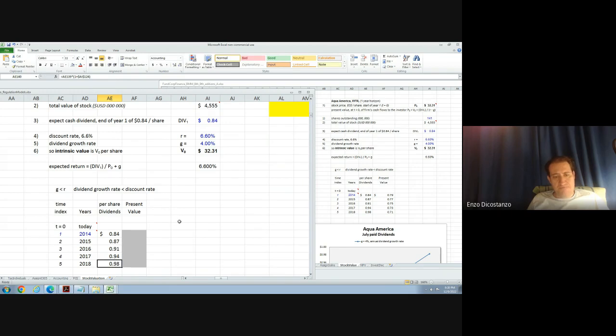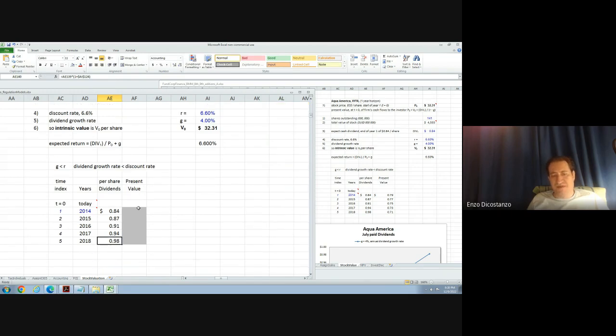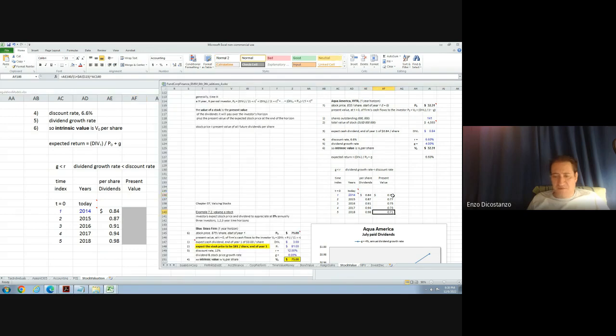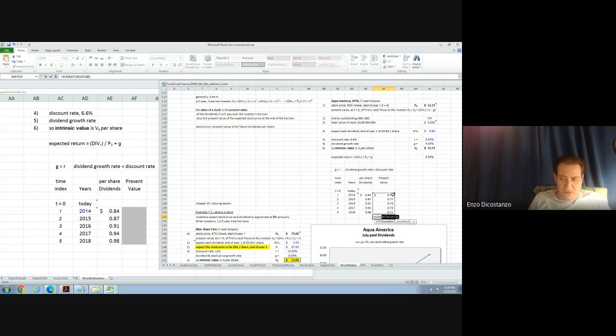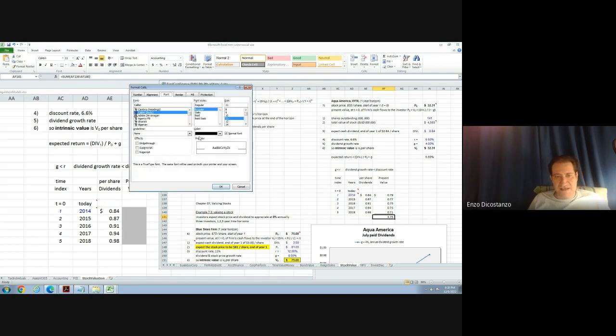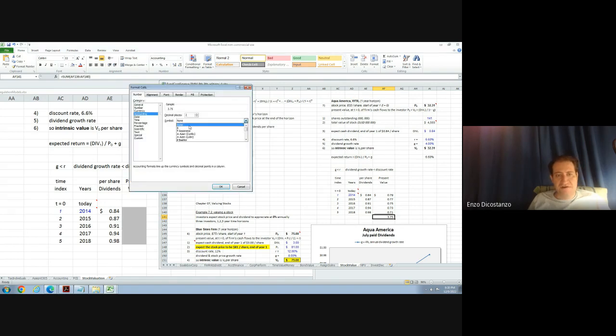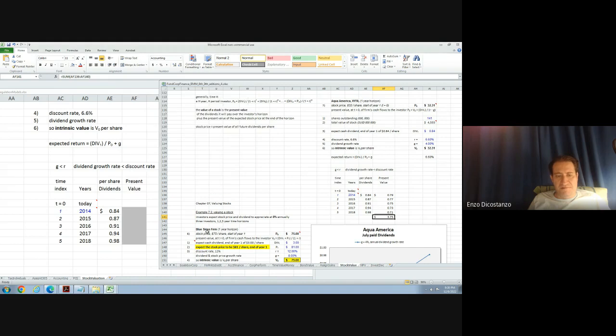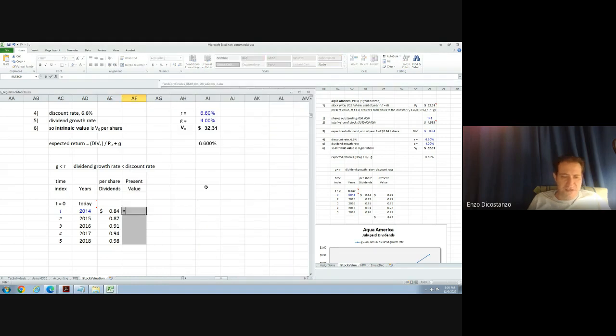Now to determine the value, obviously you have to add these up, and I didn't do that here for some reason. So we should probably do that. Control U, and this is alt equals. Yeah, that comes out to $3.75. And what we'll do is we'll say equals that 84 cents divided by parenthesis 1 plus discount rate, which you're going to lock in there.